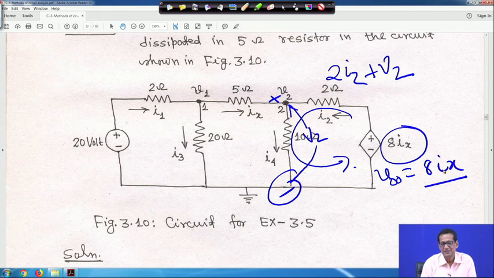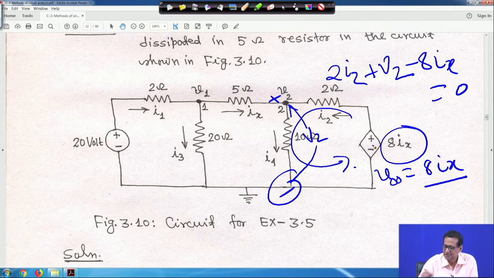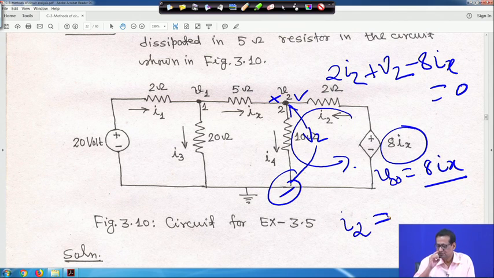It is a dependent voltage source, not current, there should not be any confusion. So it will be minus 8 Ix equal to 0, because it encounters the minus terminal first. So 2 I2 plus V2, because it is node 2, minus 8 Ix equals 0. That means I2 is equal to (8 Ix minus V2) divided by 2.